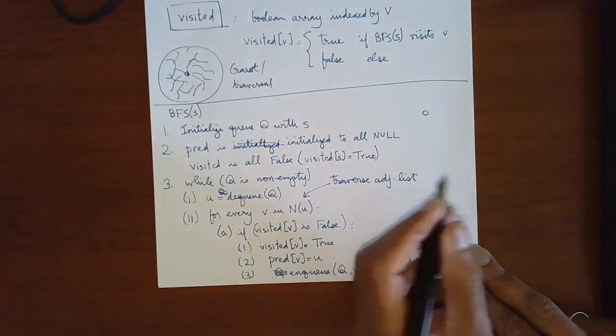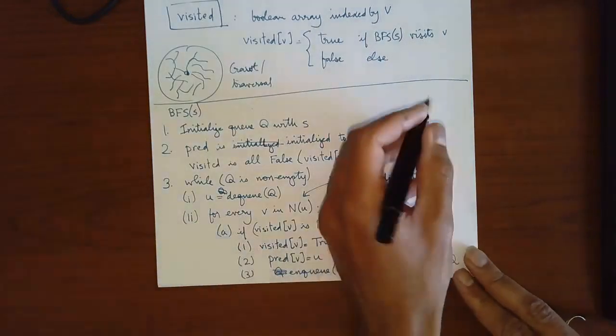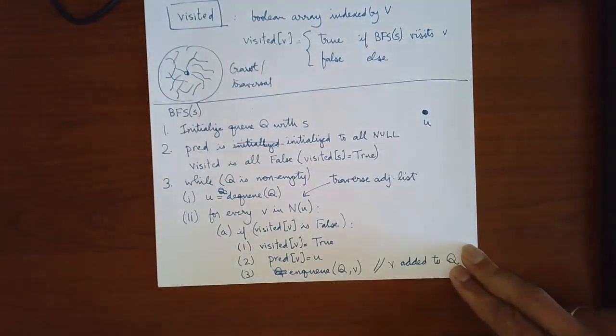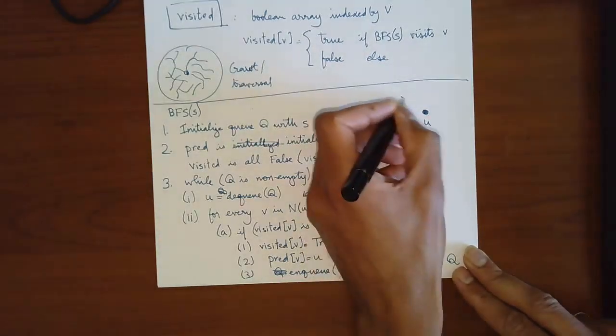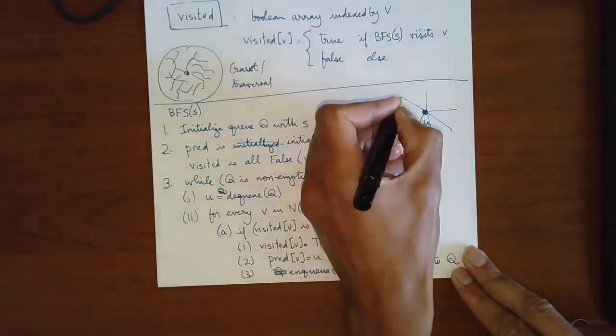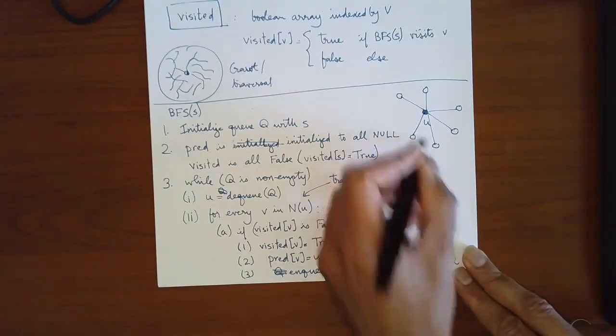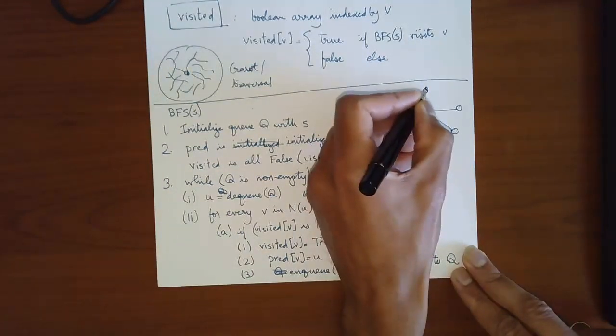This is U. Everything that has been visited, I'm going to color in. This has some neighbors, so you're going to go through all the neighbors. These are all the V's. Now, some of these may have been already visited some other way.